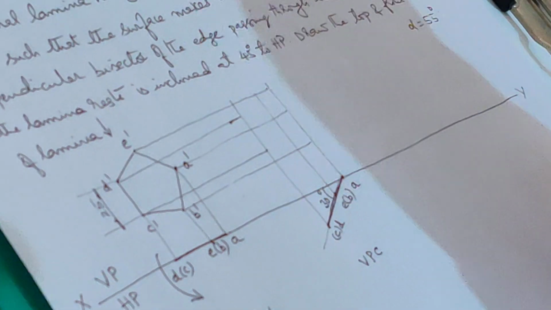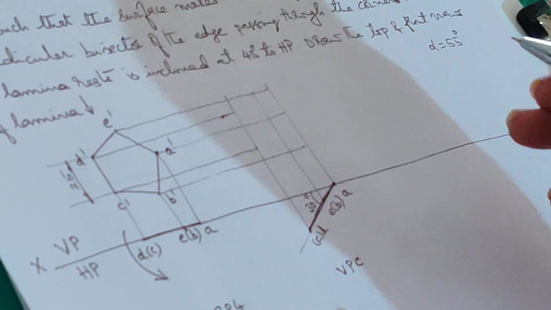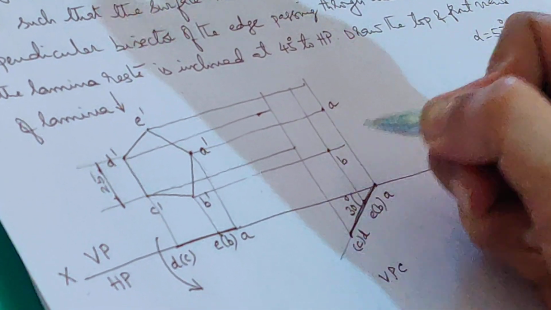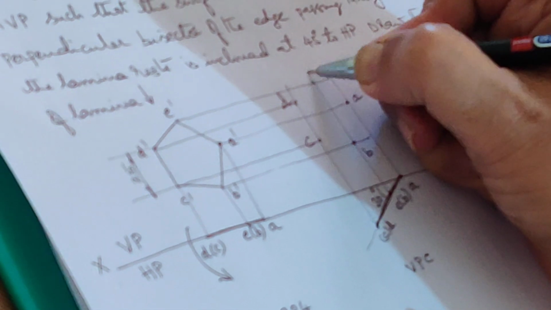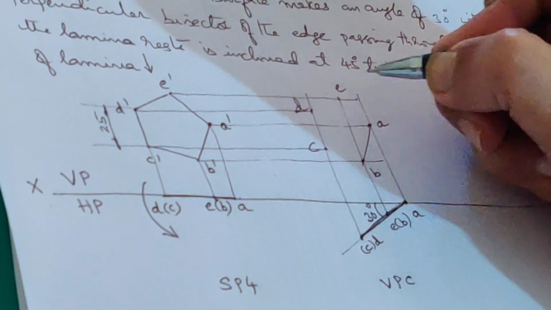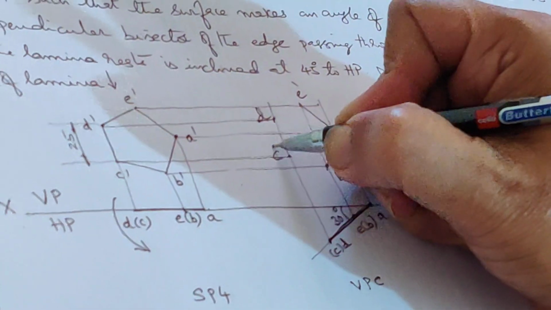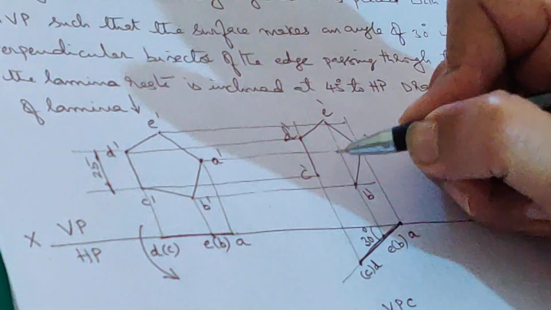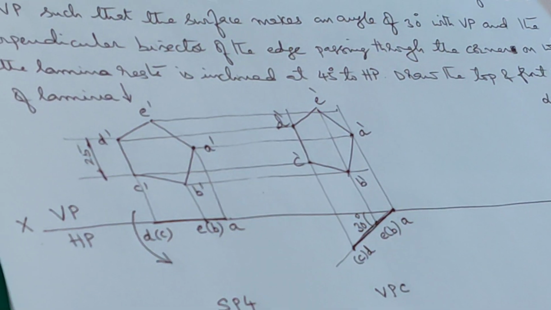Now with the help of the intersections, I will be marking the points. This is point A, this is B, C, D and E. Now connect them using straight lines. This is in fact dash because this is the front view.